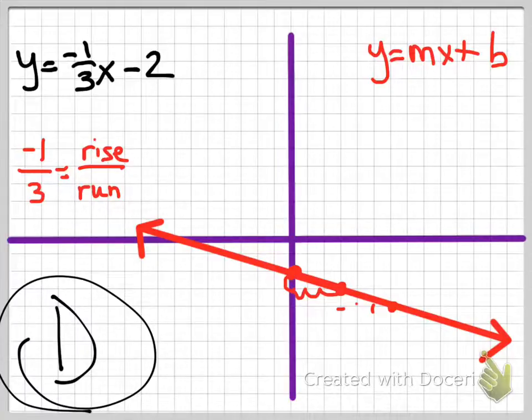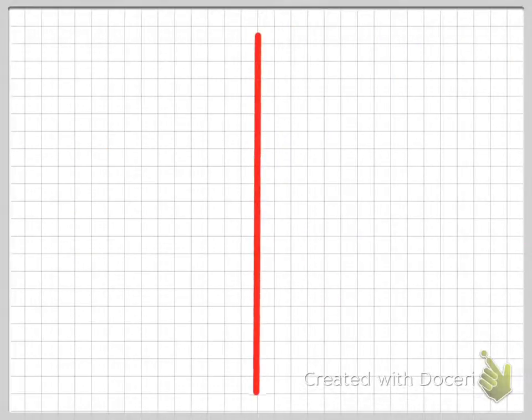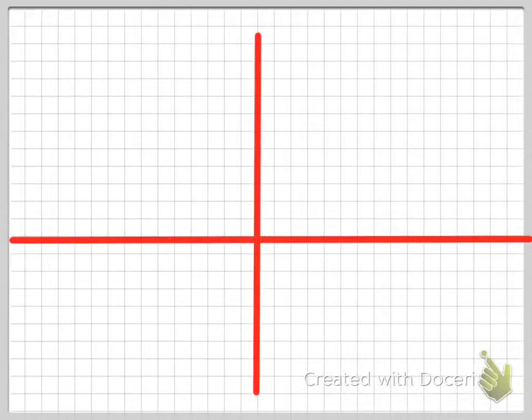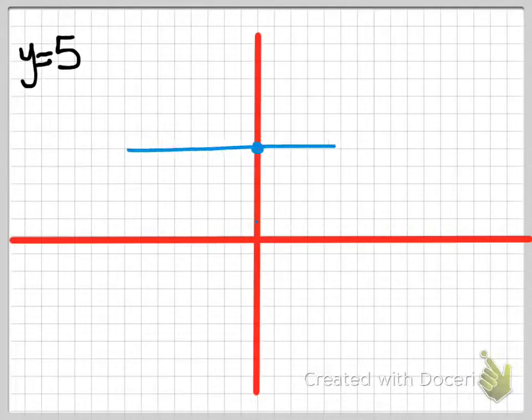So as we go on, remember in the last lesson we covered graphing horizontal and vertical lines. So if you have the equation, for example number 7, y equals 5, because it's y equals 5, then it's going to cross the y-axis at 5, and the only way to draw that line is that way.